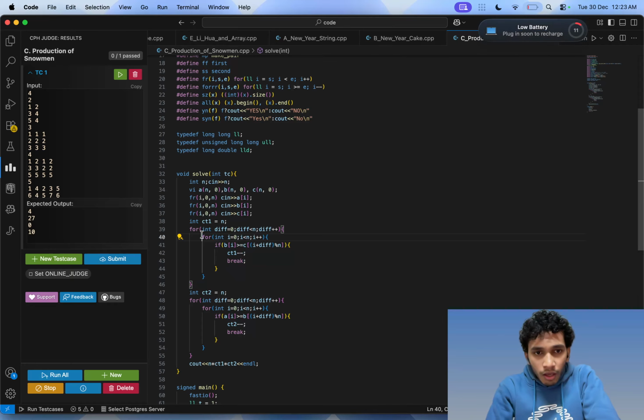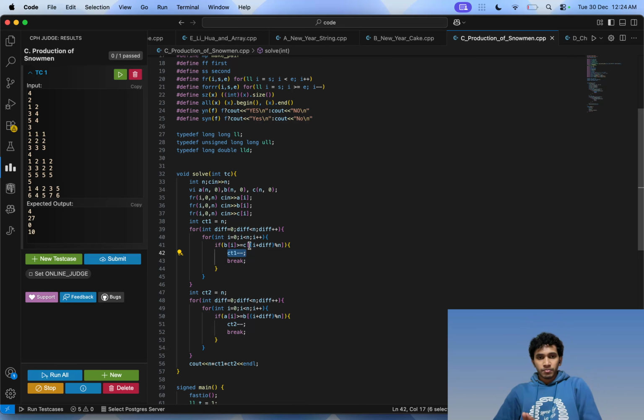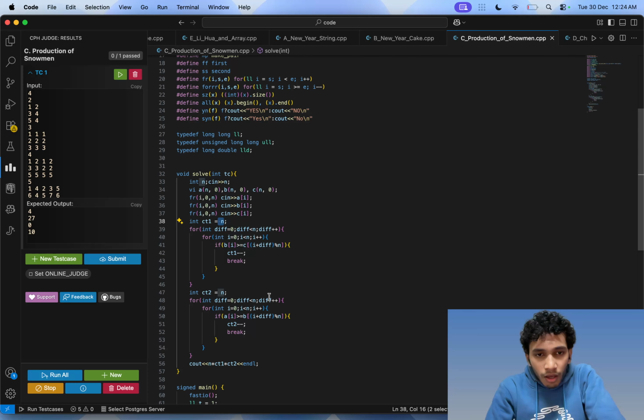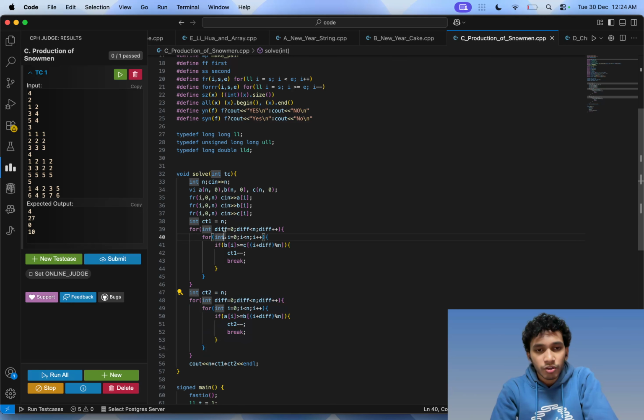So for this position, if we find an unstable pair, then the count of choices for j will be reduced. Similarly, for pair k, we found an unstable pair between A and B. This was for pair k and this was for pair j.